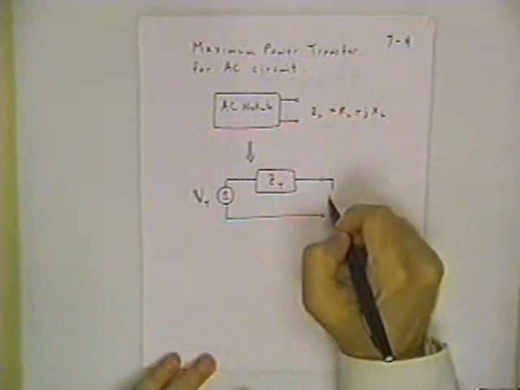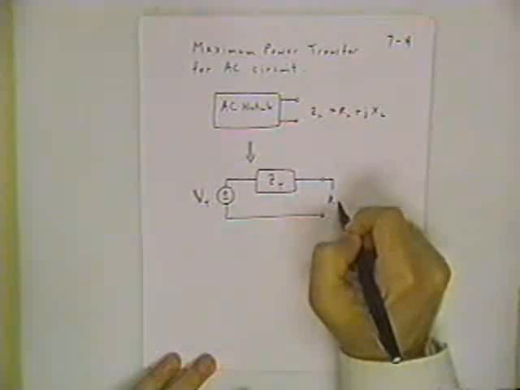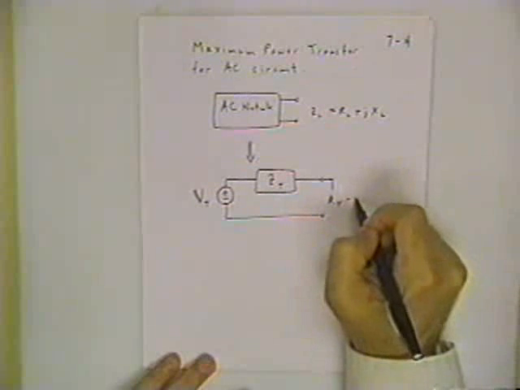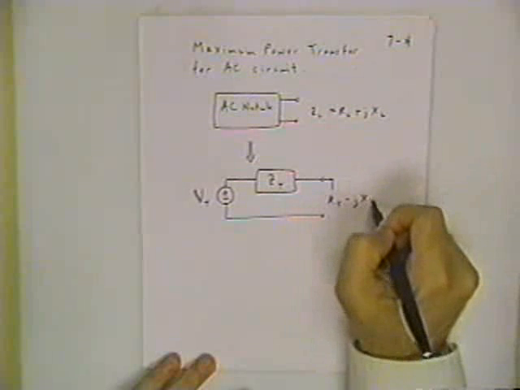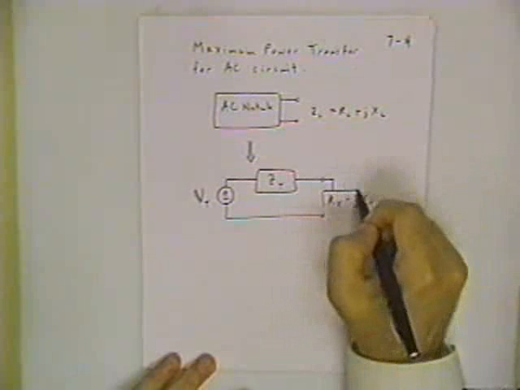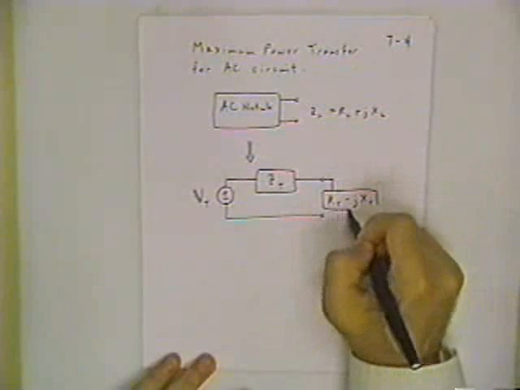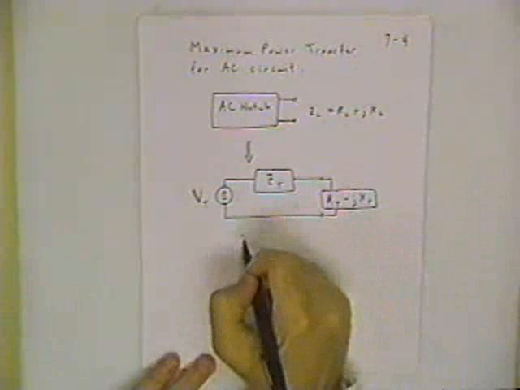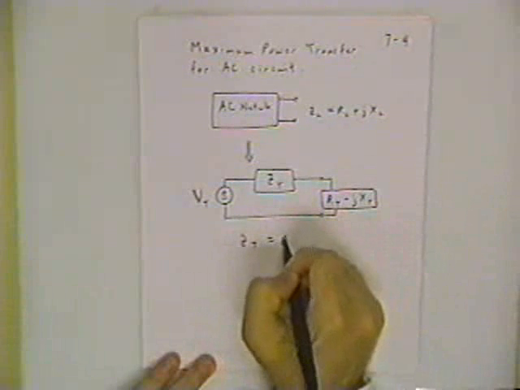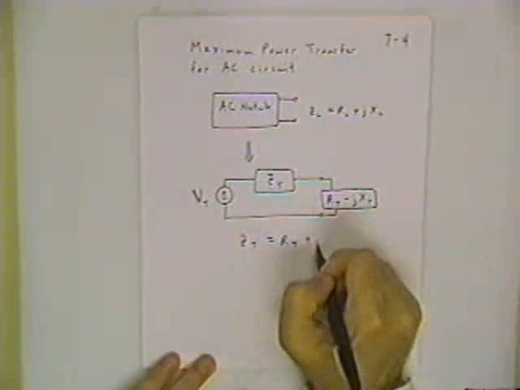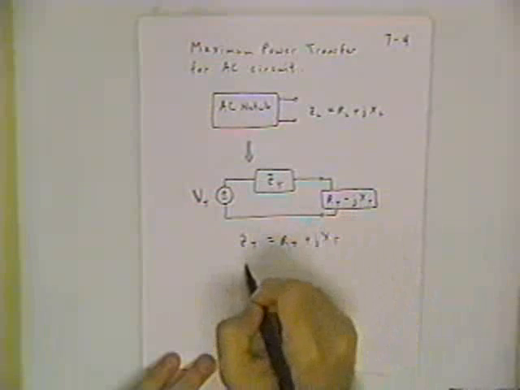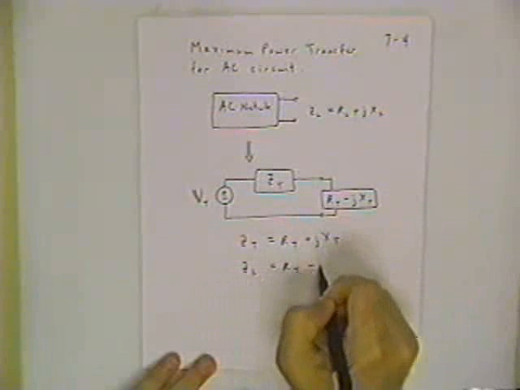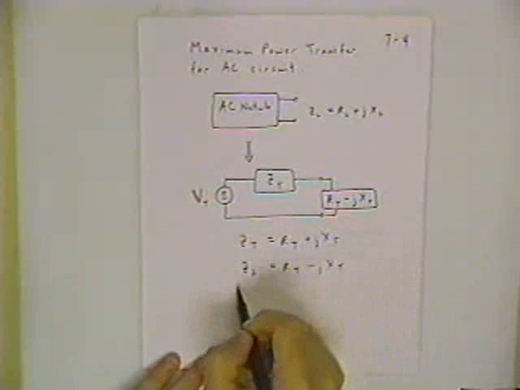And it turns out that if you attach an R Thevenin and then an X value that's opposite of the Thevenin, then you get maximum power transfer. And this is assuming that Z Thevenin is equal to R Thevenin plus jX Thevenin. Now I've got Z load equal to R Thevenin minus jX Thevenin.